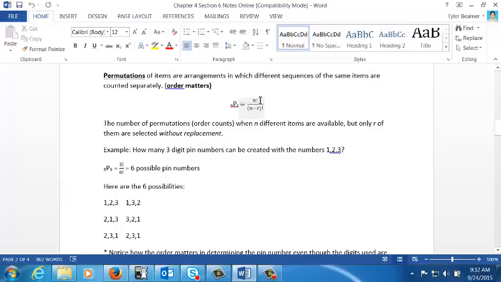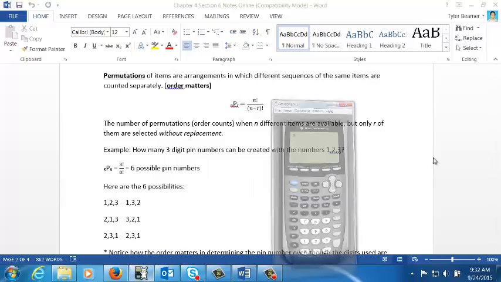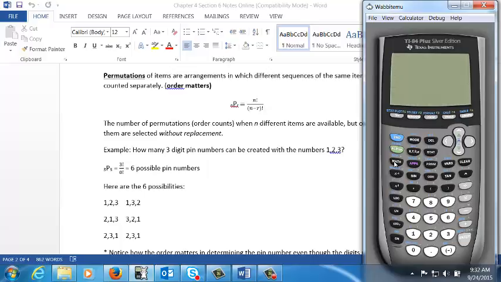So you could use your factorial button in your calculator to calculate this as well, but your calculator will do this for you if you go to Math, and then PRB, which is probability. Once again, you've got number 2, nPr, that's your permutations. So if we wanted to do permutation 3, so 3 items, choose 3 items, and the order matters.